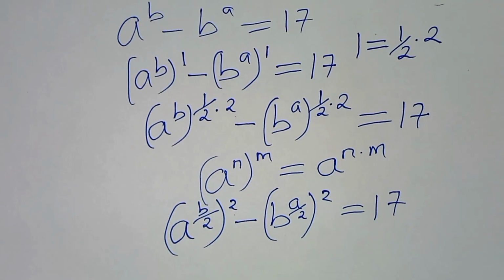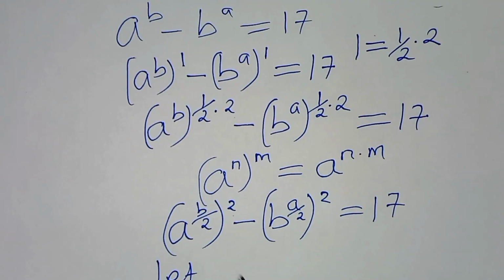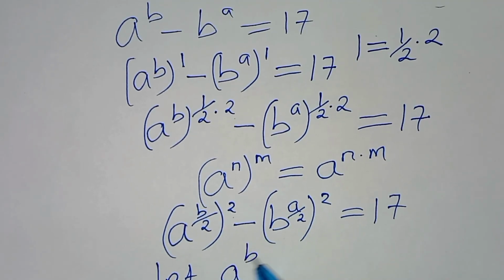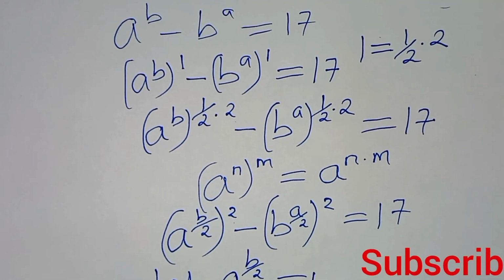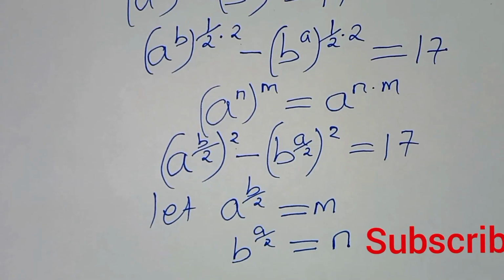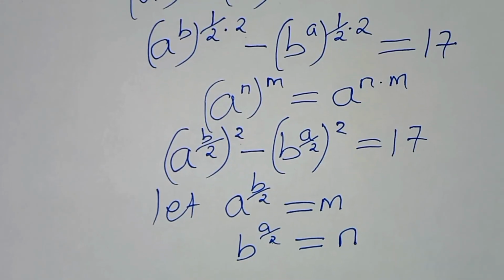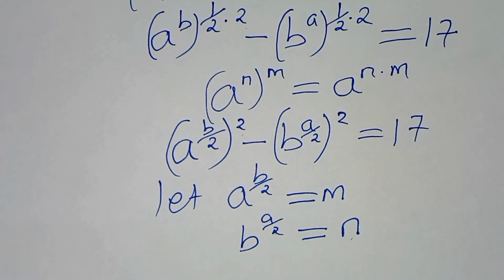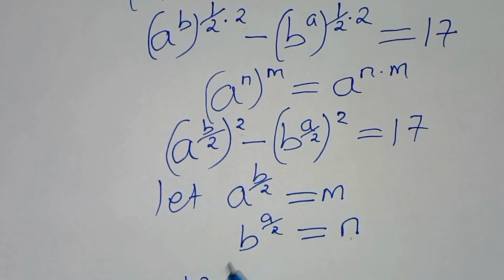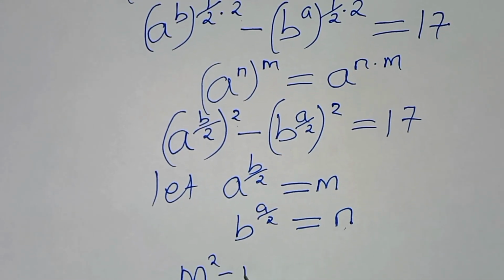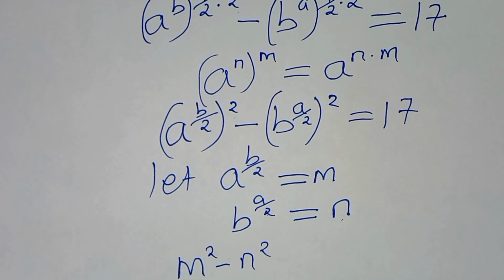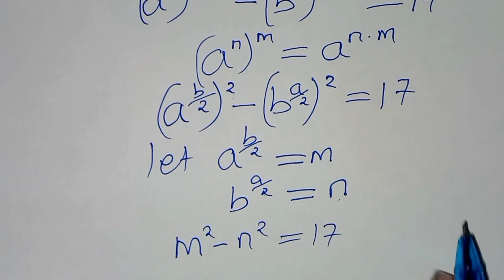Now let a raised to the power b over 2 be equal to m, and b to the power a over 2 equal to n. Substituting, this is the same thing as m squared minus n squared, equal to 17.